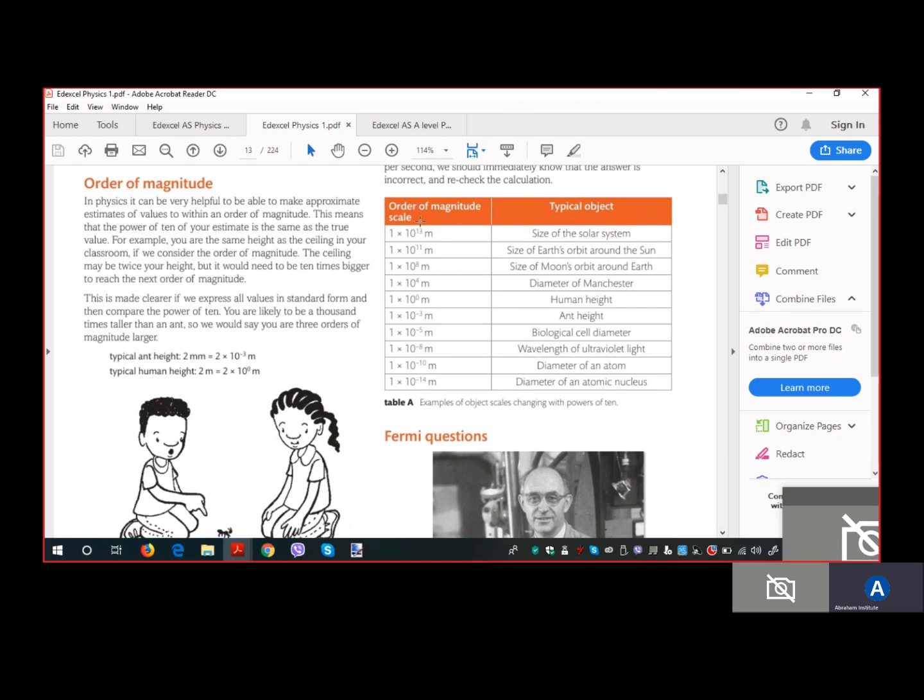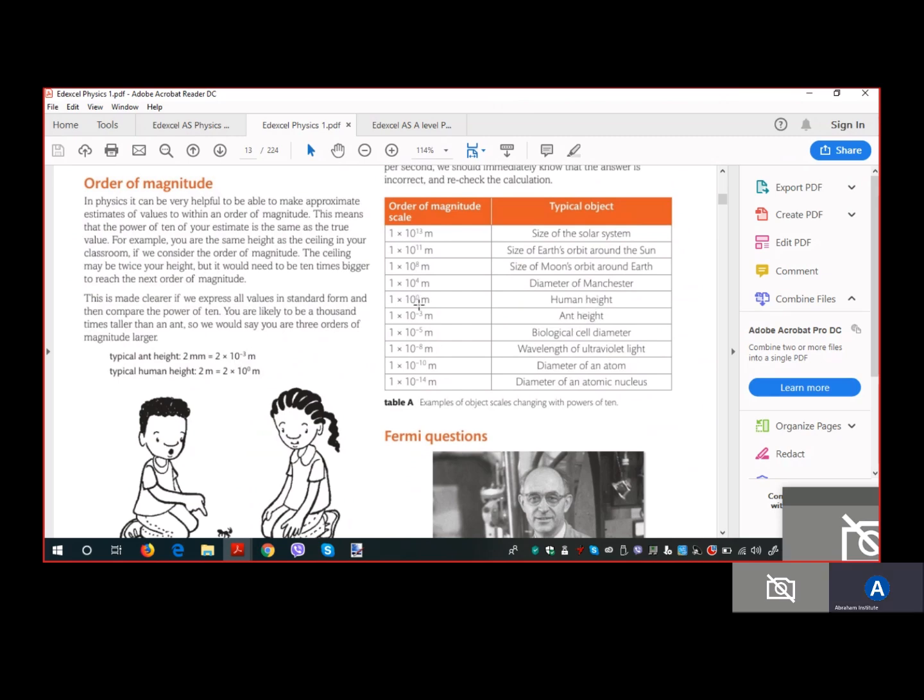Okay, so see, the order of magnitude scale. You can see here human height is about 1 meter, something like that. Typical object. 10 to the power 0 is 1, right?